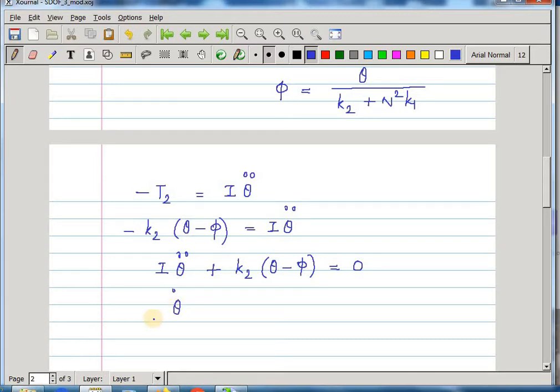Here we have to replace phi by its expression in terms of theta, so this is theta minus K2 theta divided by (K2 plus N square K1).